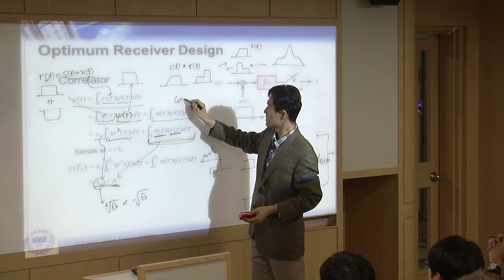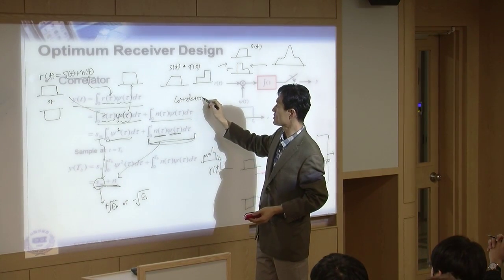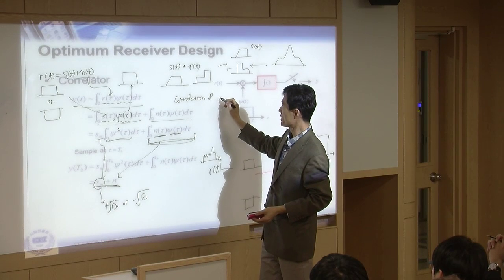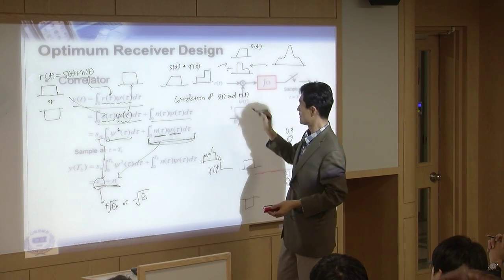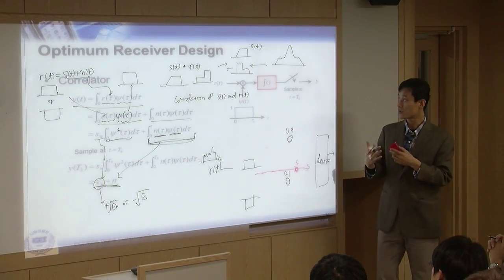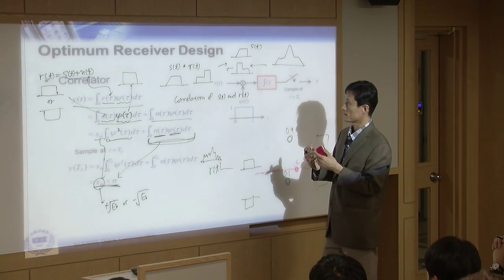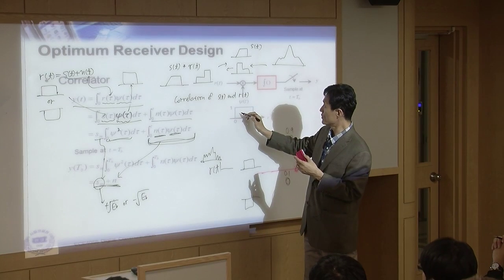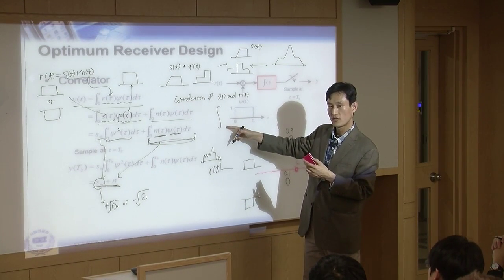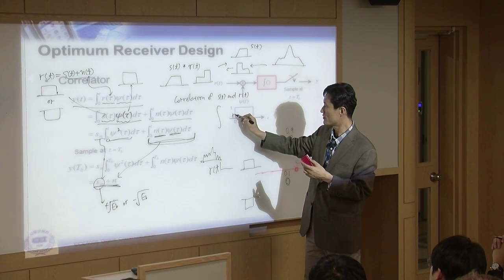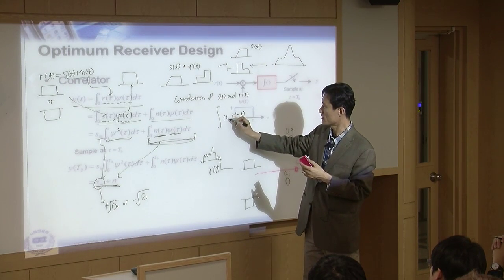What about correlation? In this case, it's a cross correlation of s(t) and r(t). When you calculate the cross correlation, inside the integral you are taking minus for the r(t), something like that.